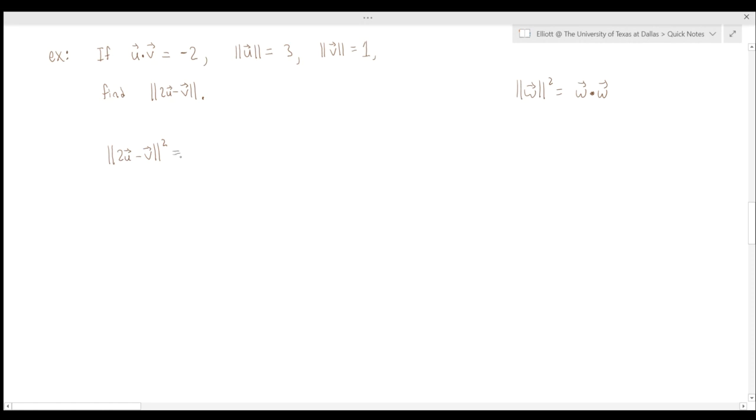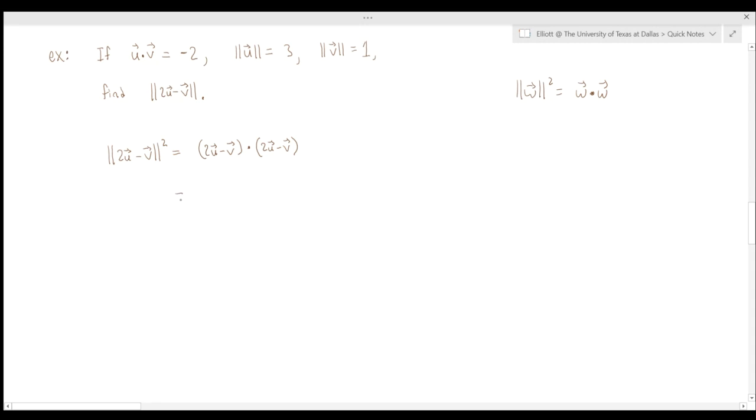So I can see the norm squared here is going to be 2u minus v dot product with itself. All right. So as I go through this computation, you guys let me know if you get lost, and I will backtrack and try to explain.